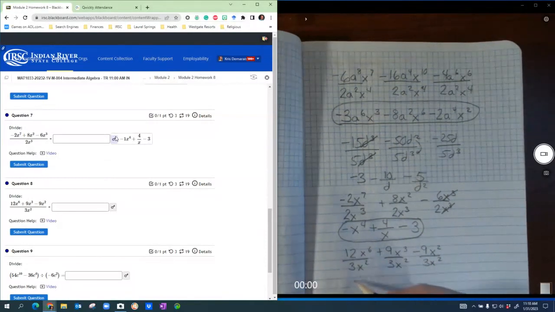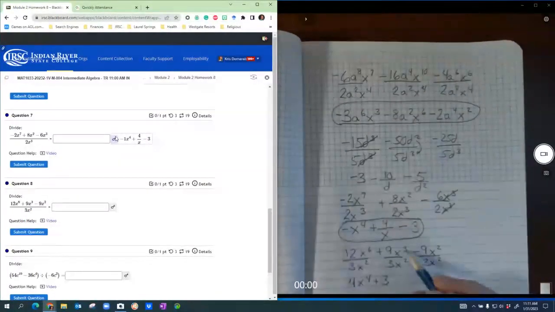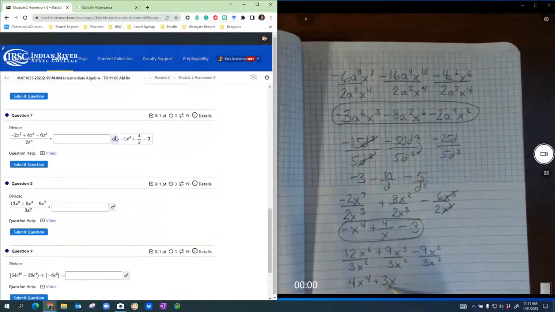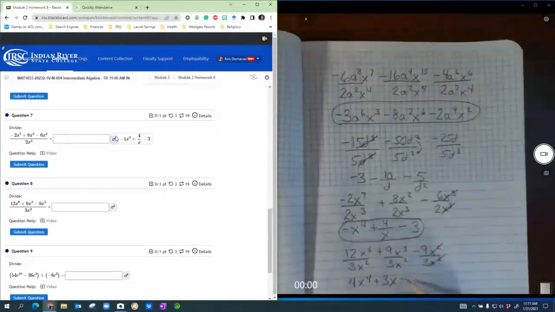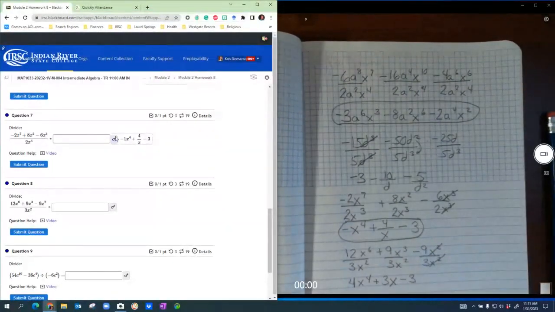Now, 12 divided by 3 is 4, 2 x's taken away from 6 x's is x to the 4th. 9 divided by 3 is 3, x to the third divided by x to the second gives us x to the first. And then these cancel each other. Negative 9 divided by 3 is negative 3.